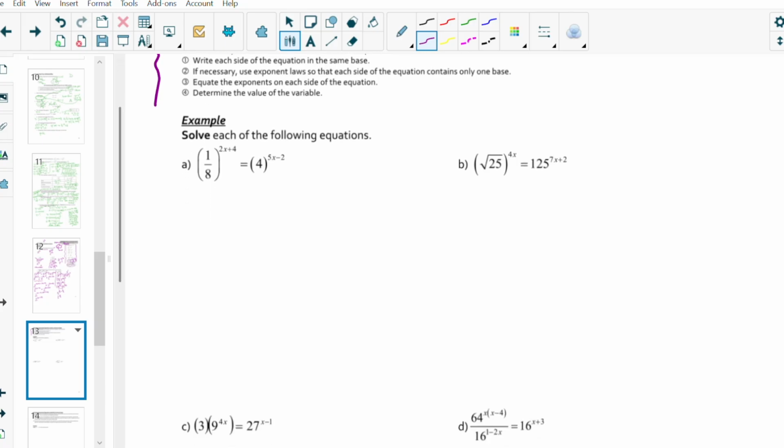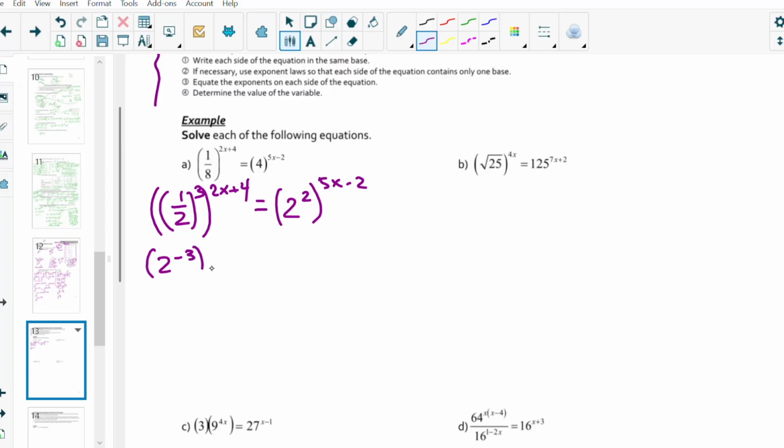First one. So let's rewrite. Step one is write each side of the equation in the same base. That's the key here. So that is 1/2 cubed to the 2x plus 4 equals 2 squared to the 5x minus 2. Okay, this is 2 to the negative 3 to the 2x plus 4 equals, let's multiply that out.